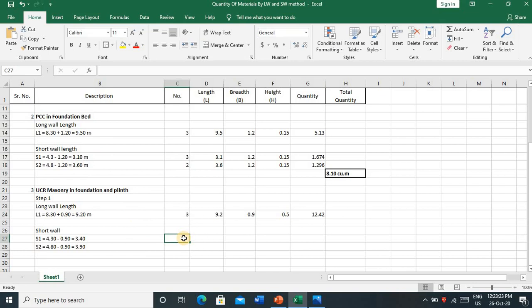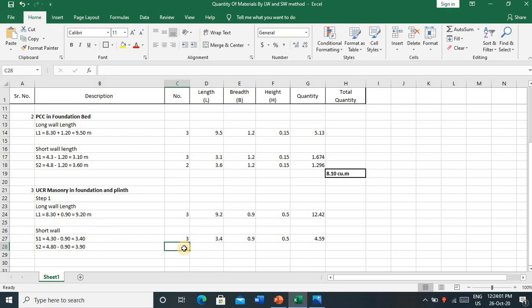Here S1 numbers is 3, length is 3.40, calculated already. Breadth is the same, 0.9, height is the same, 0.5, and the answer is 4.59.